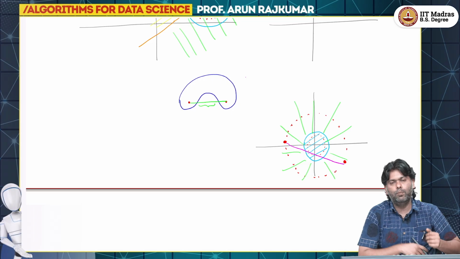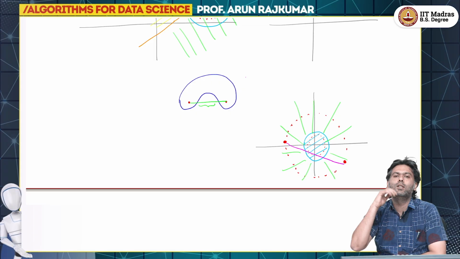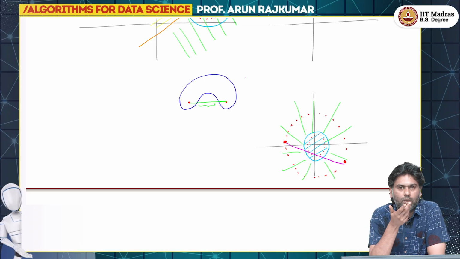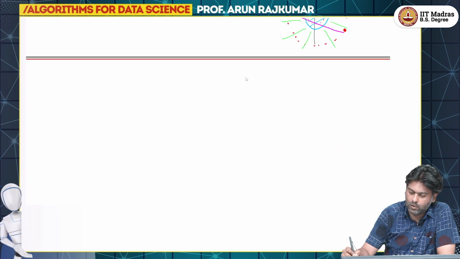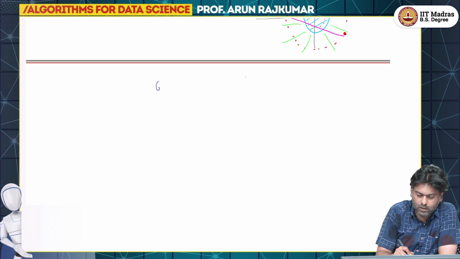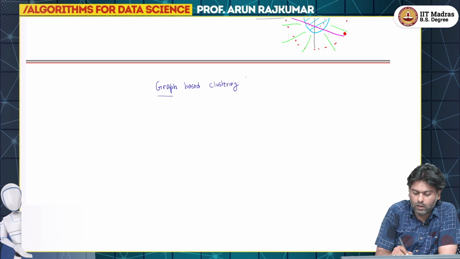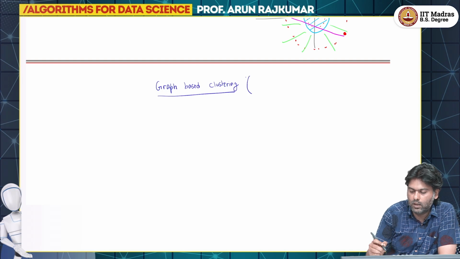What I'm going to propose and talk about today is one specific, popular way to fix this, which is called graph based clustering, and specifically the method that we will look at is what is called a spectral clustering method.